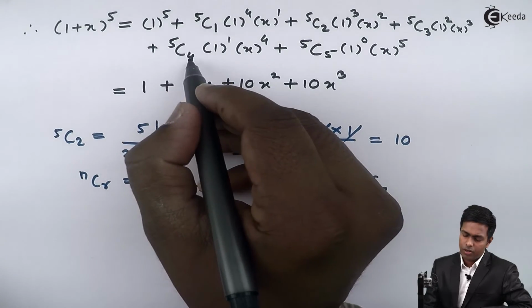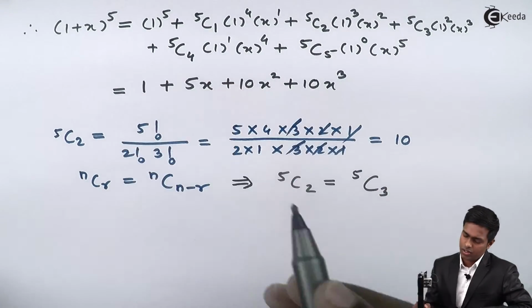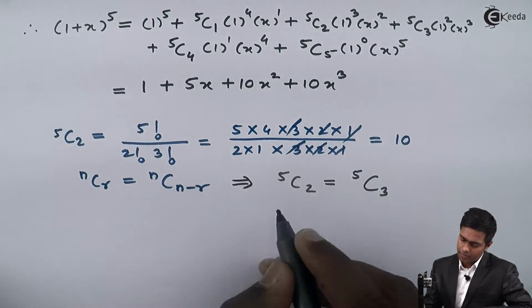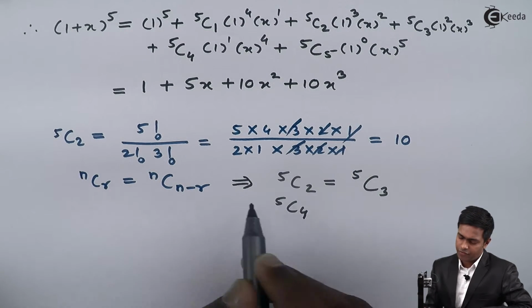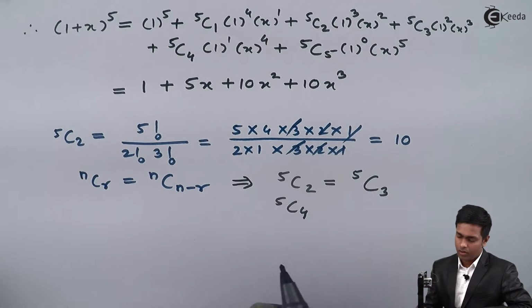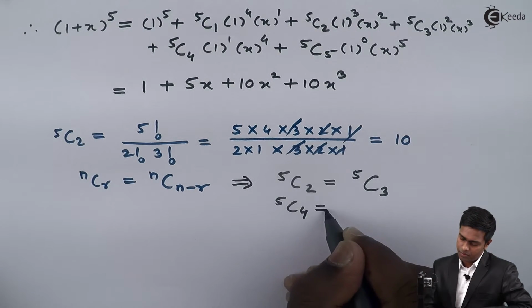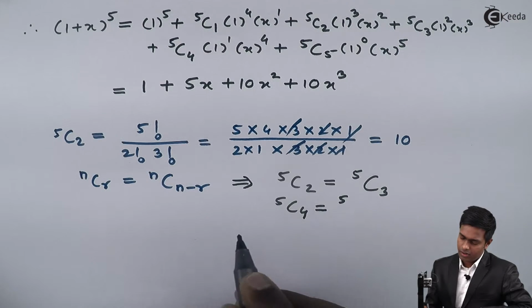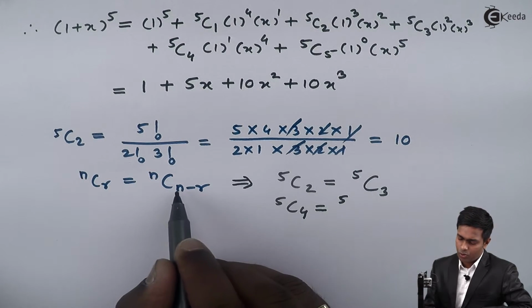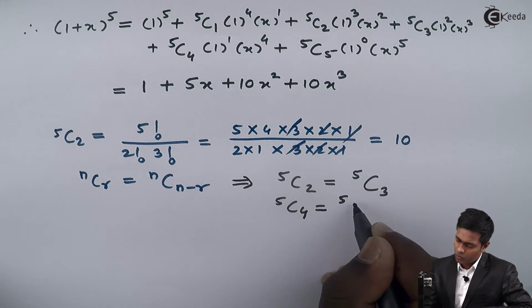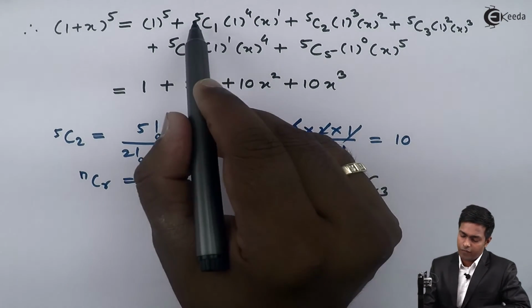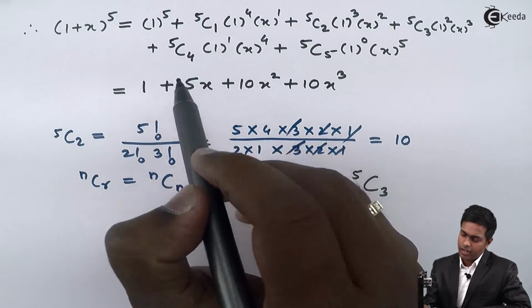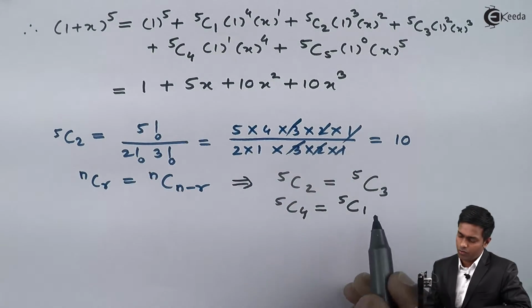Next 5c4. Now for 5c4 also I will use the same property. So for 5c4, here n is 5, r is 4, so 5 minus 4, that is 1, and we already got the value for 5c1, so the value of 5c1 is 5, hence the value of 5c4 is also 5.